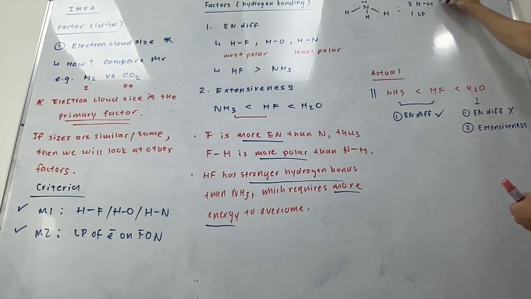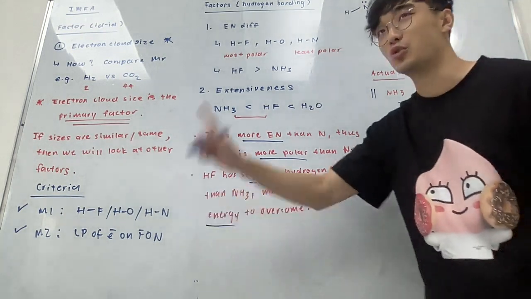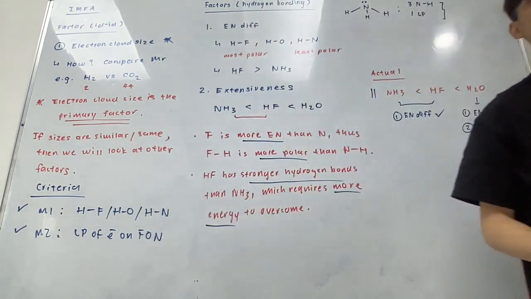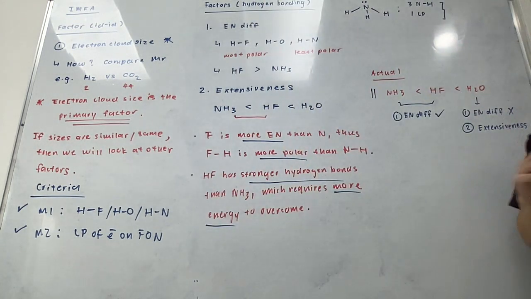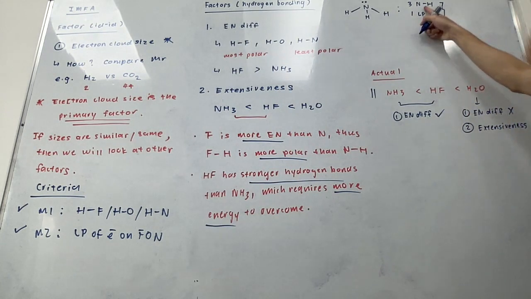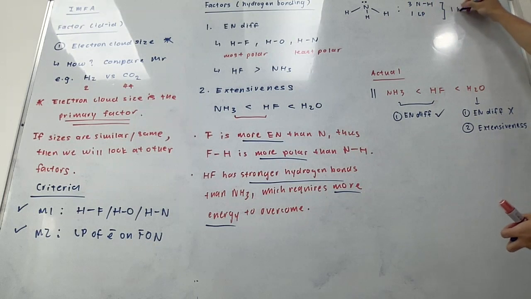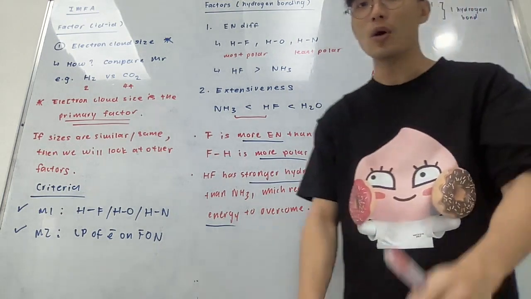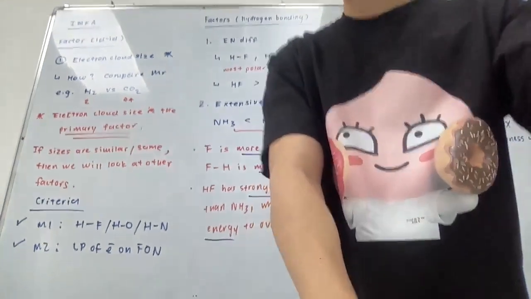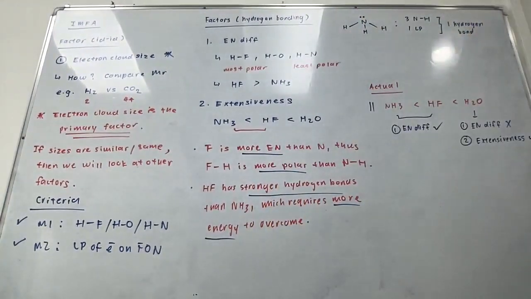If you have 3 NH bonds and one lone pair, how many hydrogen bonds can you form? Remember, you need one each to form one hydrogen bond. You can only form one. The other 2 extra NH bonds are useless because you need one each to form one hydrogen bond. Agree? So that's how we know NH3 can only form one hydrogen bond per molecule.